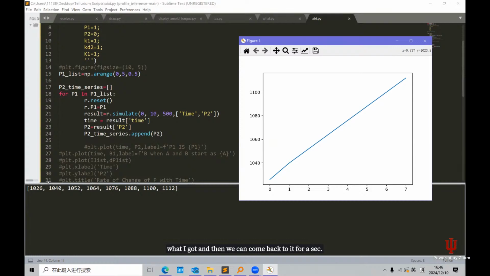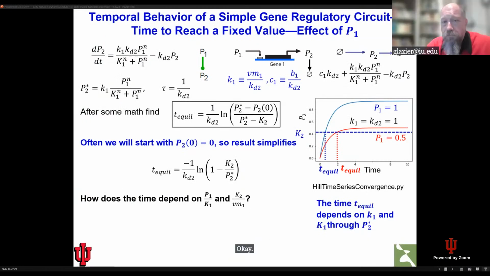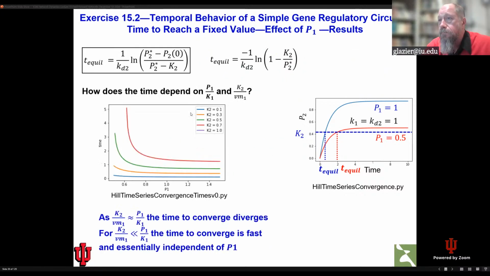Here's what I got. Here is the value of P1. If P1 is too small, nothing happens.